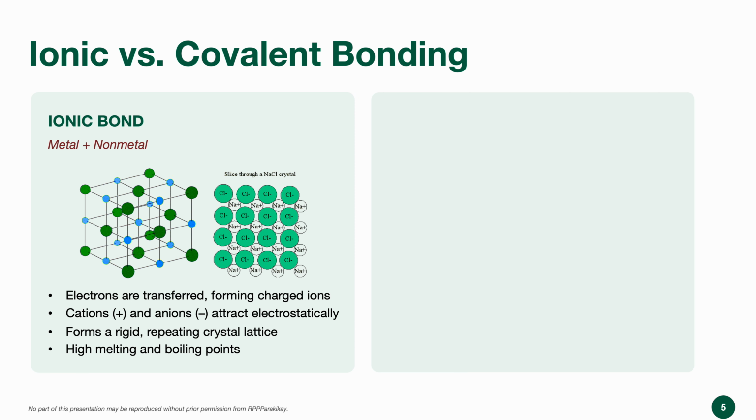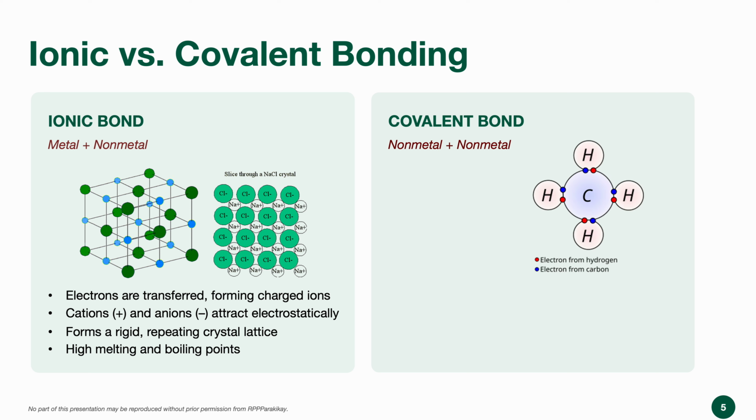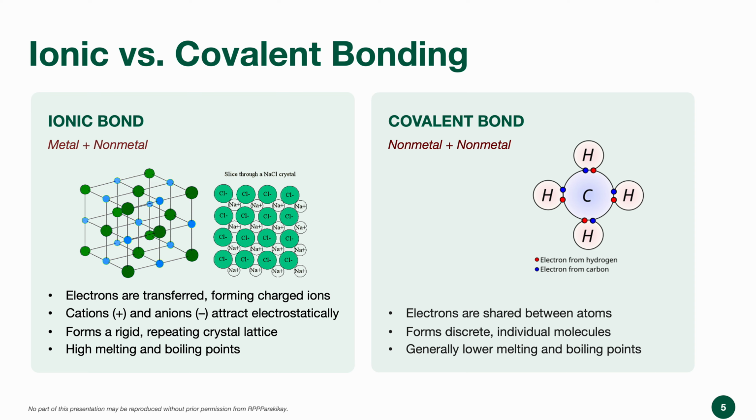Meanwhile, for covalent bonding, a bond formed between two nonmetals results in a covalent compound, in which electrons are shared rather than transferred, and it produces discrete molecular units with generally lower melting and boiling points.